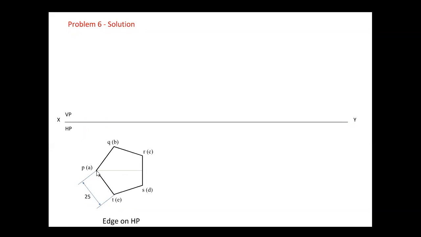Similarly, the other lines which I draw from all the corners meet at a point, and that point is nothing but the midpoint of the pentagon. With that midpoint, I'm going to project all the lines to my XY line.